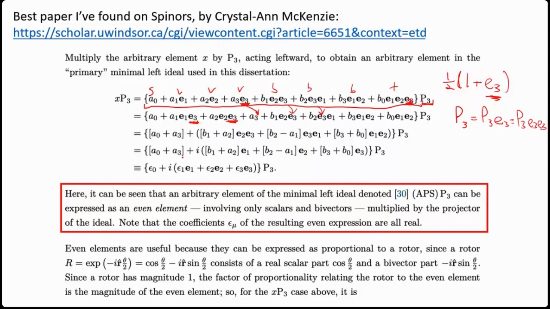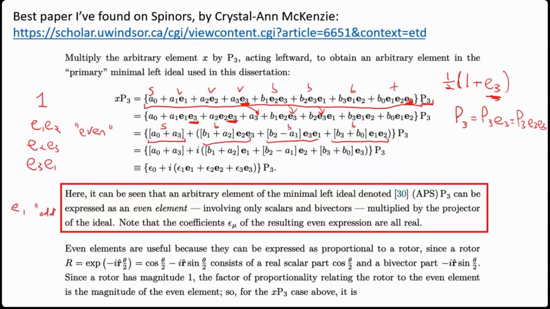And by adding and getting rid of these E3s, she's able to write everything as just a scalar and I think 3 bivectors. So a scalar and then the 3 bivectors. These are the even grade members because they have 0 basis vectors or 2 basis vectors.